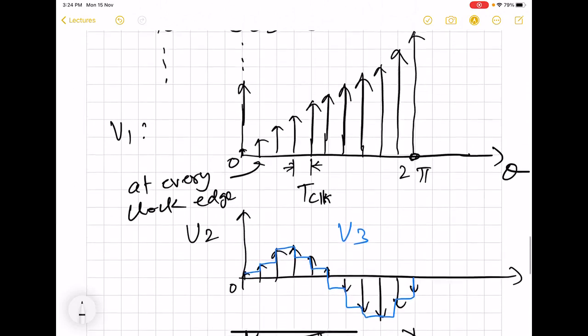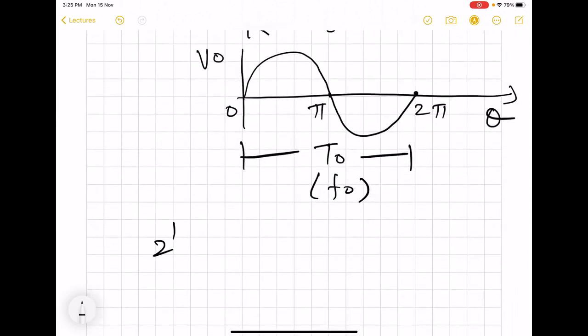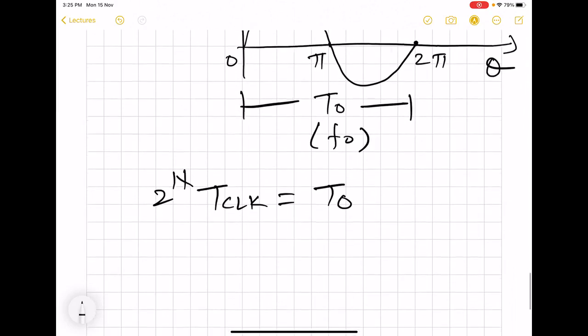And this T naught was produced by using various number of T clocks or F clock. And how many T clocks we have used is equal to, in this case, 2 raised power n. So we use this many clock cycles to produce one cycle of the output.